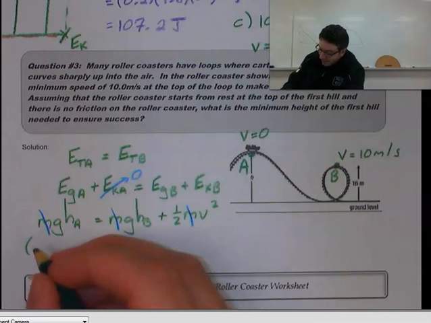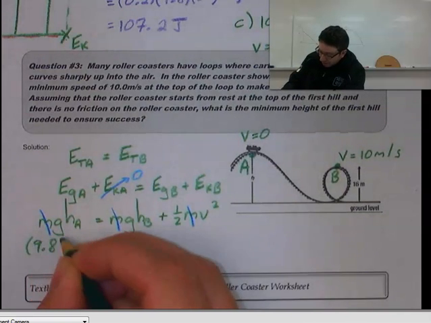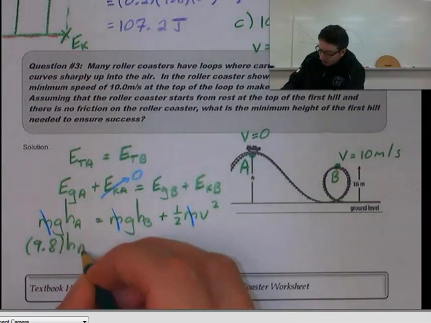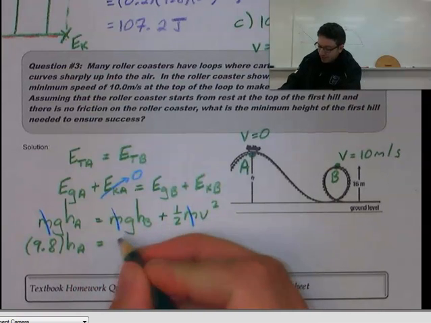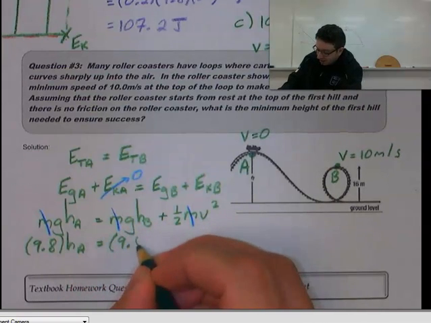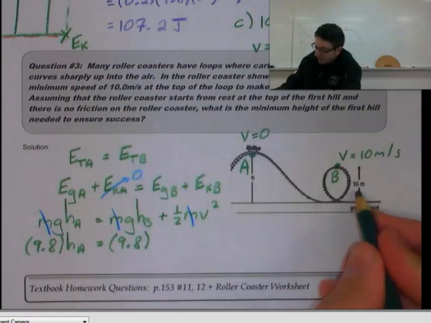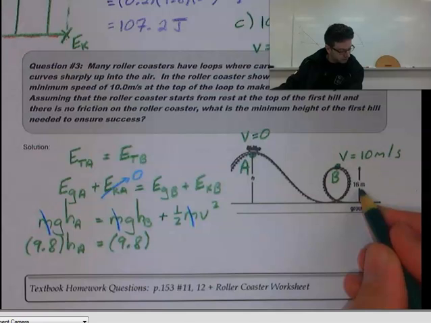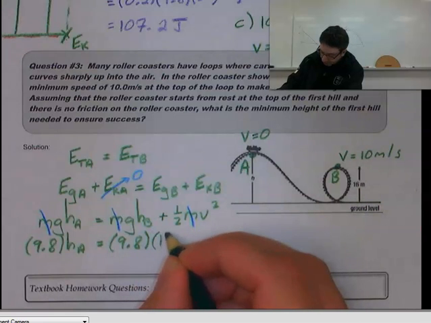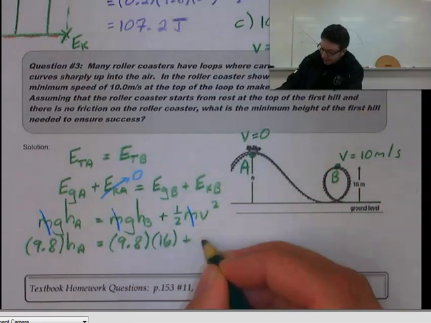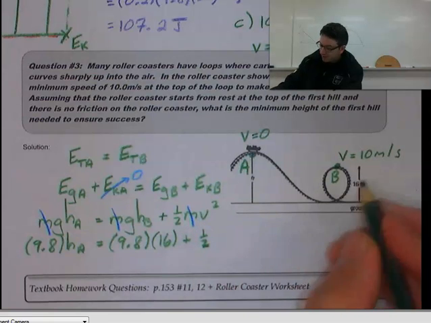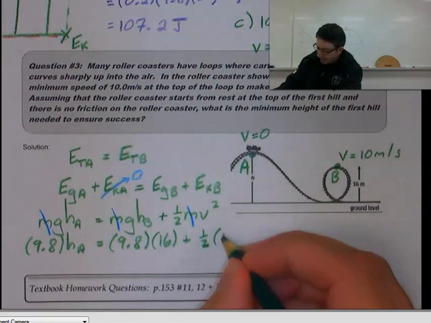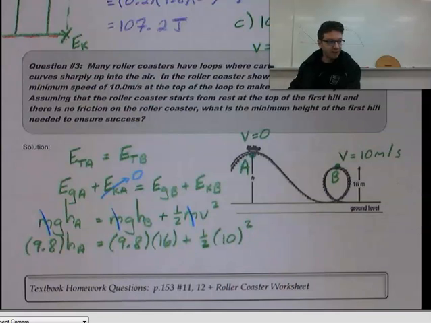Okay, so we have g, which is 9.8, times the height of A, equals, again, here we have g, 9.8, times the height at B, which I know is 16, plus 1/2 times v squared, that's this one, so times 10 squared.